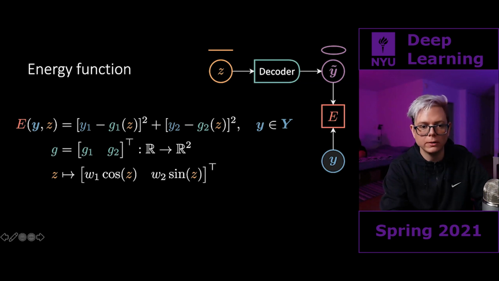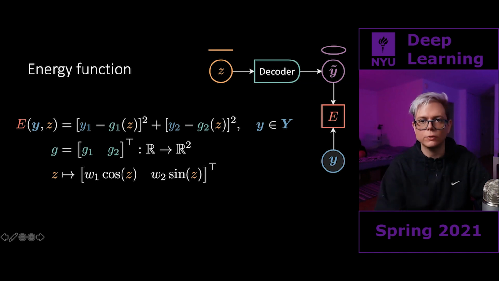It has 2 components, G1 and G2. And so it's a function that goes from my scalar input, which is the Z, to 2 components, right? G1 and G2. And it maps Z, the latent variable, to W1 cosine of Z, and the second component is going to be W2 sine of Z.